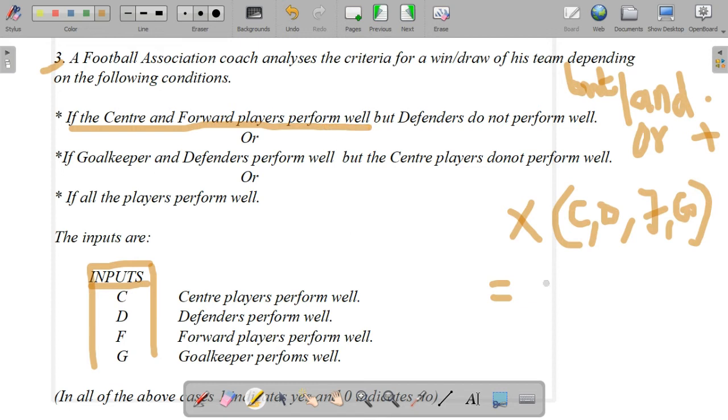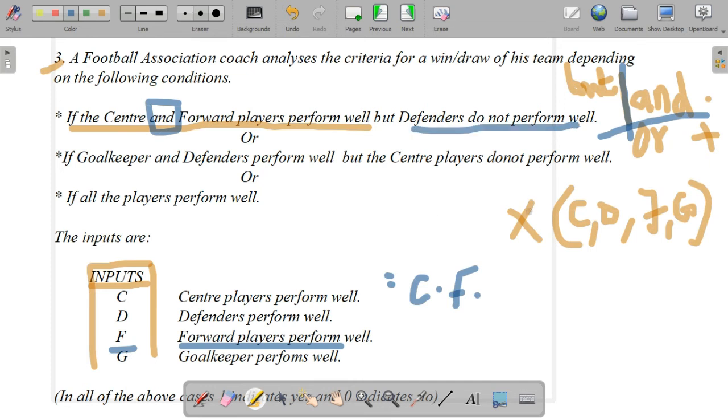First one: if the center and forward players perform well. Center is indicated by C. So we write C, and is indicated with the dot operator. C dot. Forward players is indicated by F. So C dot F. But also it is but, and is indicating dot.